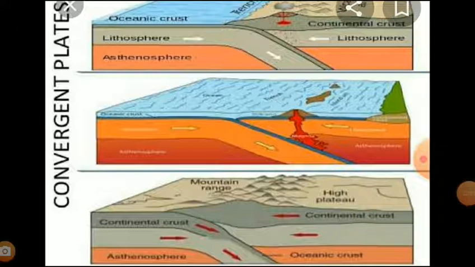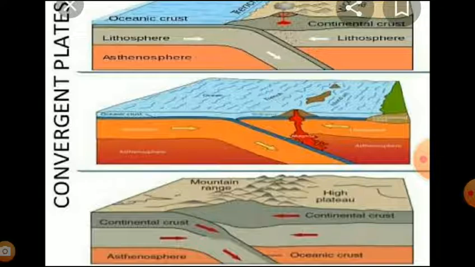Here are examples of different scenarios of convergent plate. The first diagram shows oceanic crust on one lithosphere plate and the other lithosphere plate having continental crust. The second scenario is where both lithosphere plates are based on water bodies.